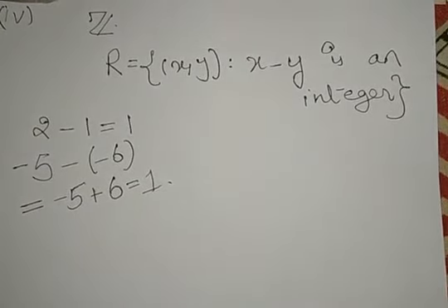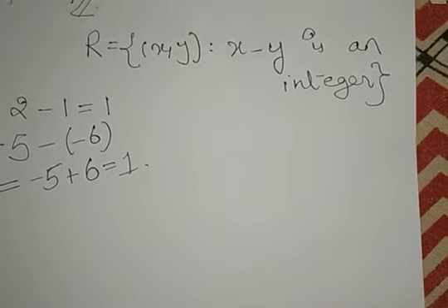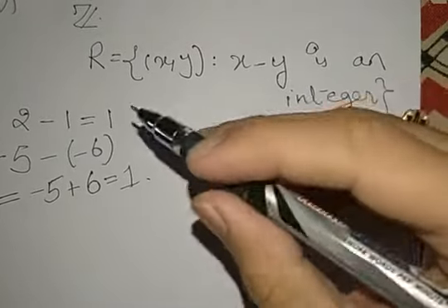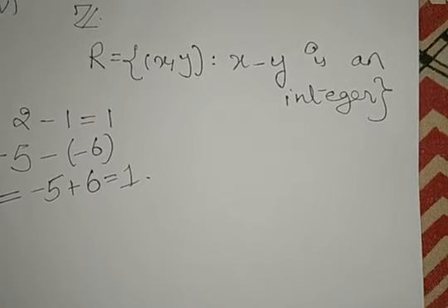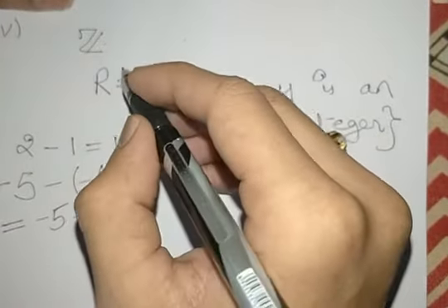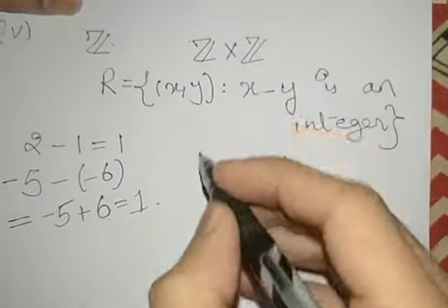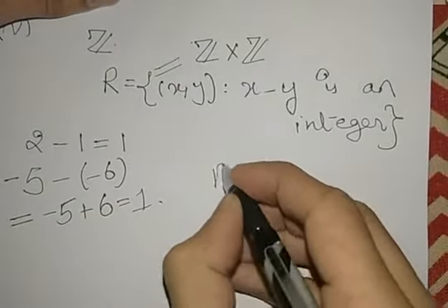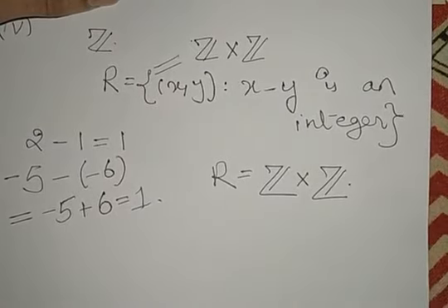So you can see that difference of any two integers is an integer. So this relation R will contain all the elements of Z cross Z. Since you are taking the relation on the set Z, you will get the relation R as Z cross Z. So we can say that it is the whole Z cross Z.